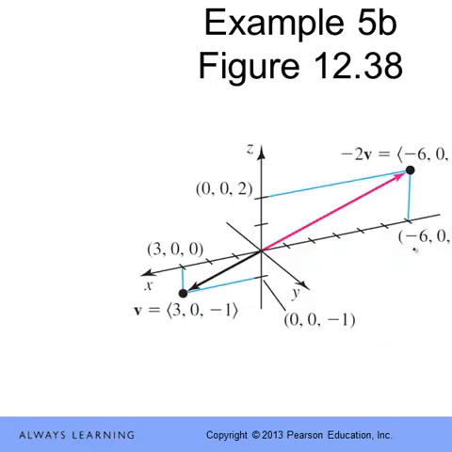Or take vector v, which here has components 3, 0, -1, and multiply by the scalar -2. Well, that resulting vector points in the opposite direction, twice as long. And look at the components of -2v. It's just the components of vector v multiplied by -2.